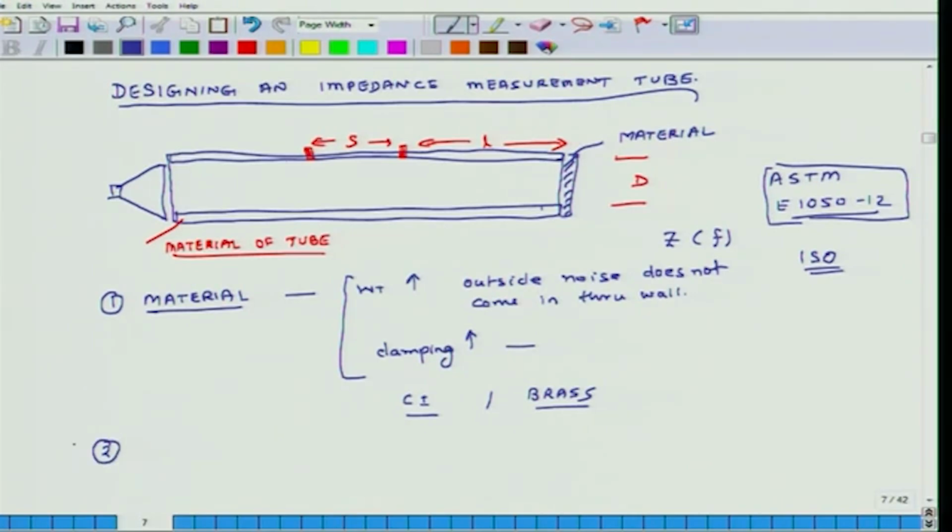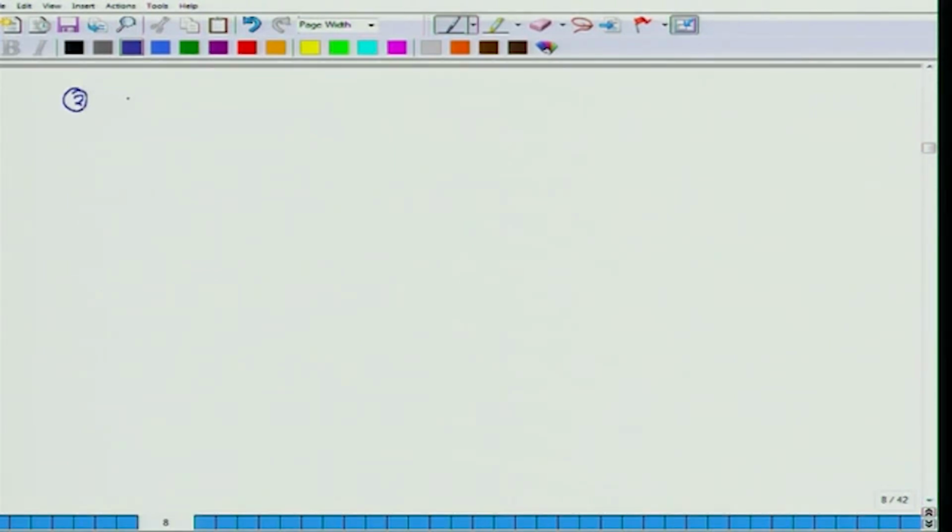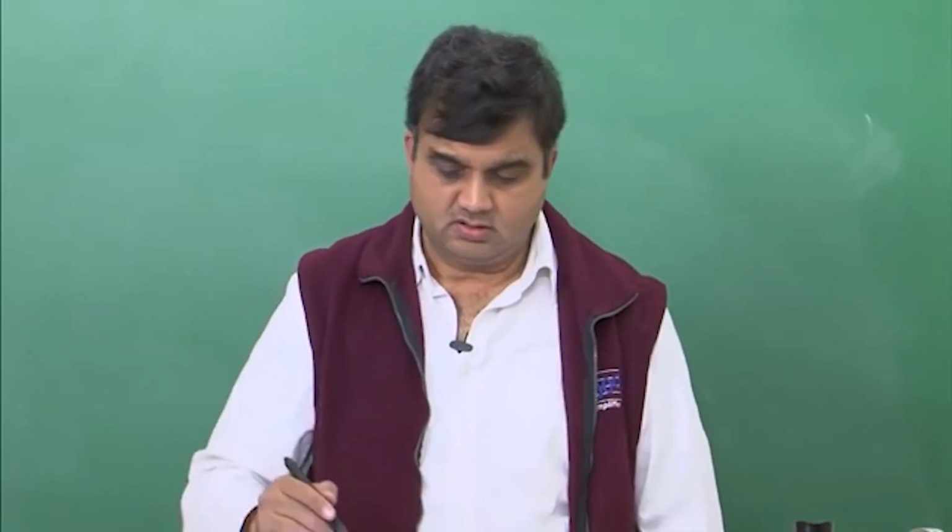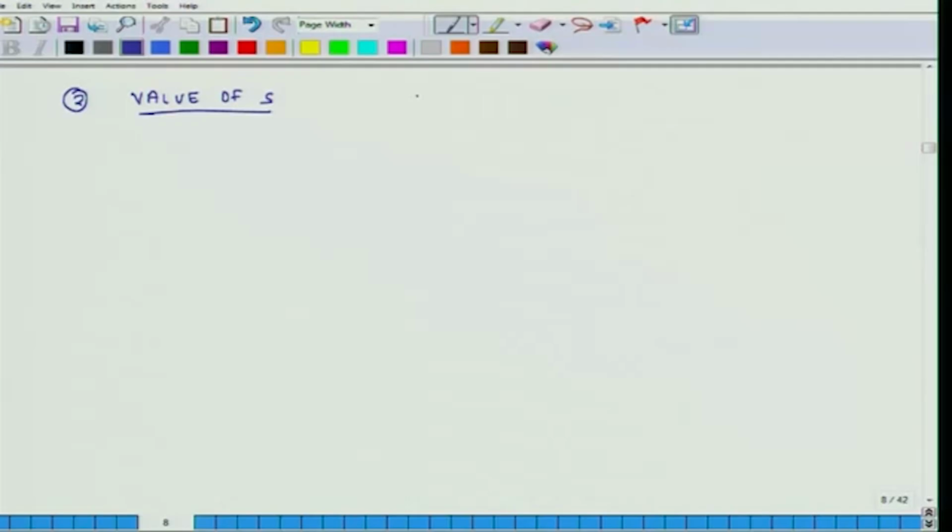Second, we have to figure out the value of S. What should be the spacing between the two microphones? So second consideration is value of S. One parameter which helps us determine is that S should be greater than 1% of lower frequency limit.